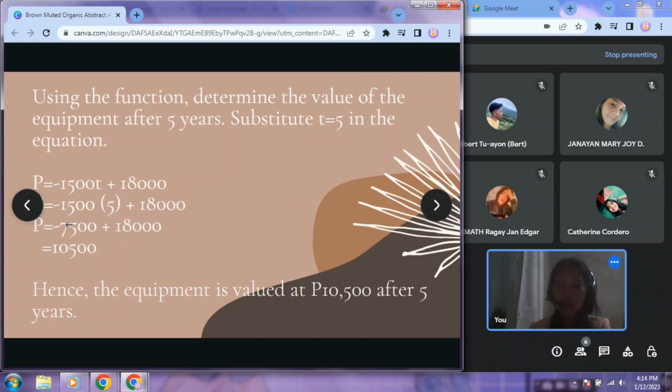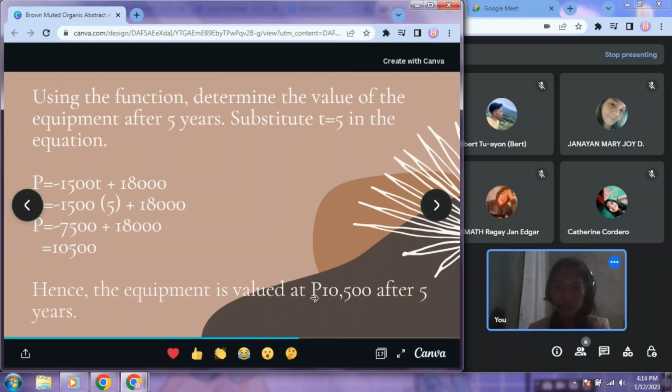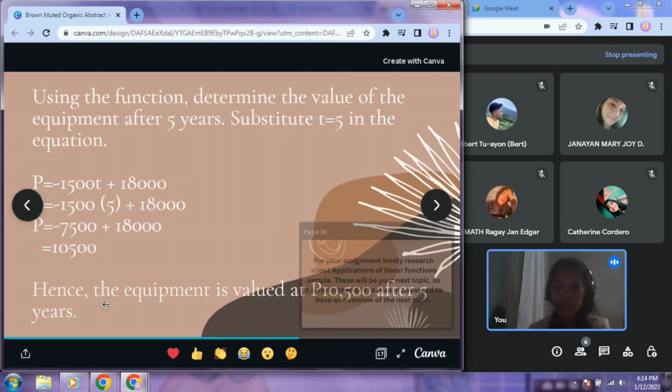The answer is 10,500. Hence, the equipment is valued at 10,500 pesos after 5 years.